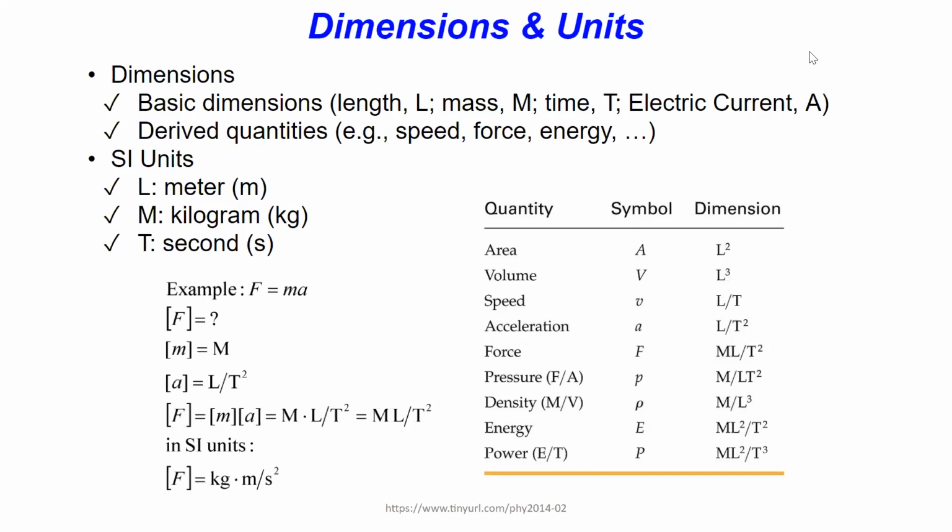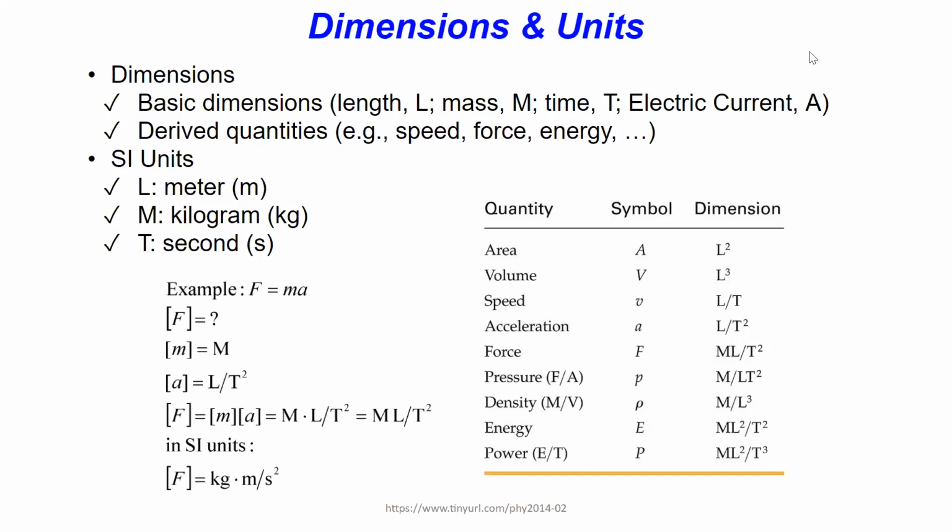So for example, if we know force equals mass times acceleration, and we know the dimension for mass is m, which is in the unit of kilogram, and acceleration is length divided by time squared, so in SI unit it is meters per second squared.